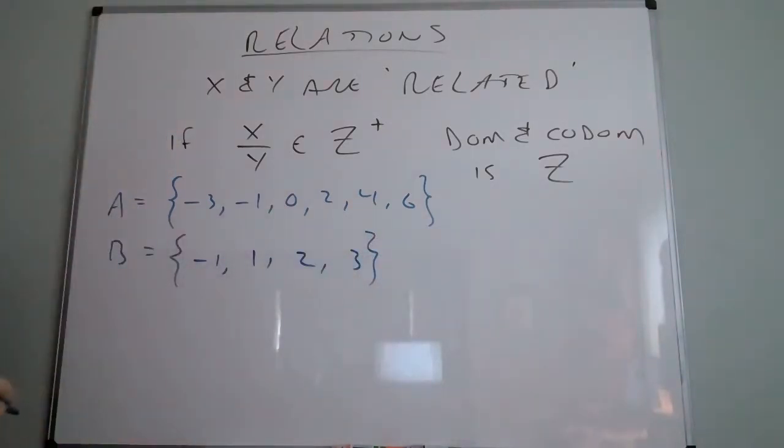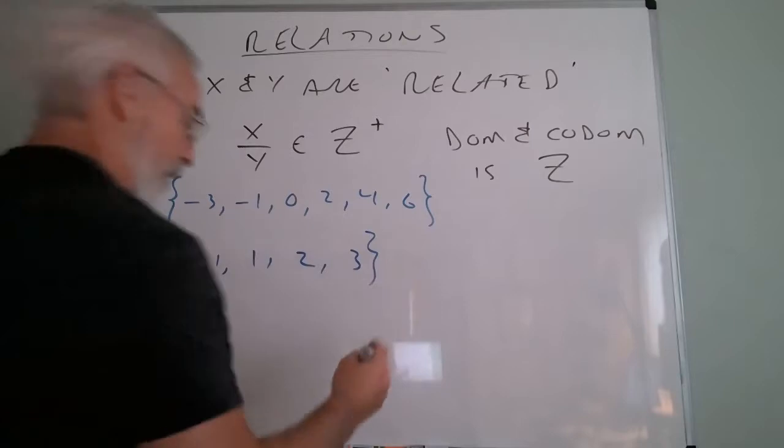There we go. All right. So X will come from A, it will be the first set, and Y will come from B, that'll be our second set. So our ordered pairs are X comma Y, where X is from A and Y is from B. Now I have to generate, first of all, what are the things in my relation?